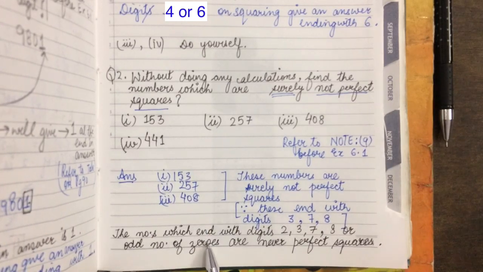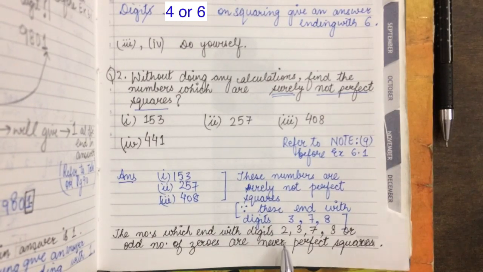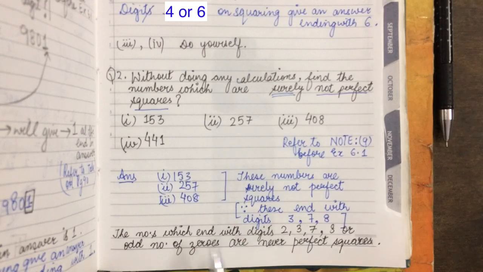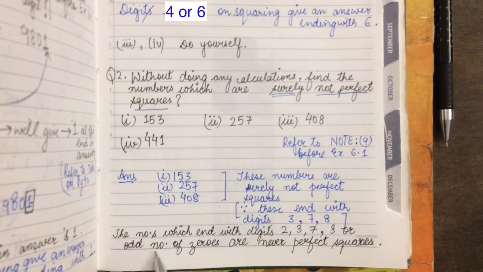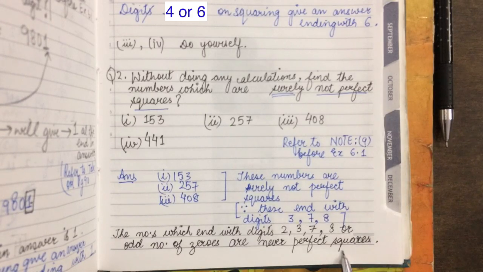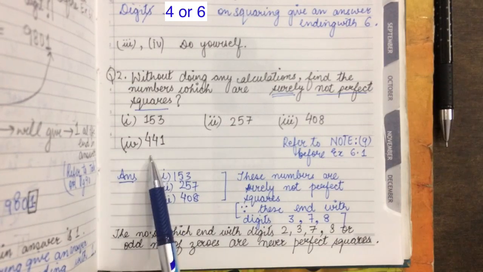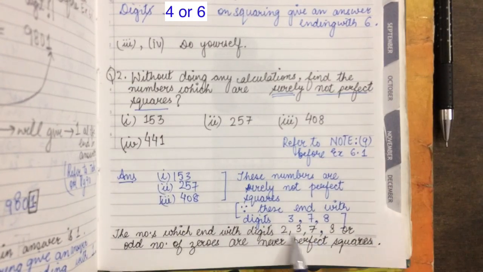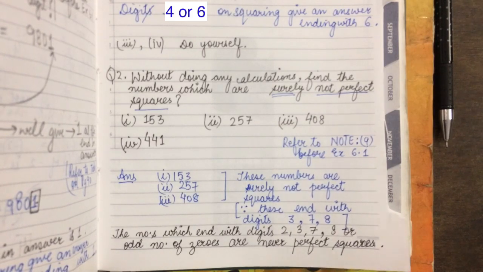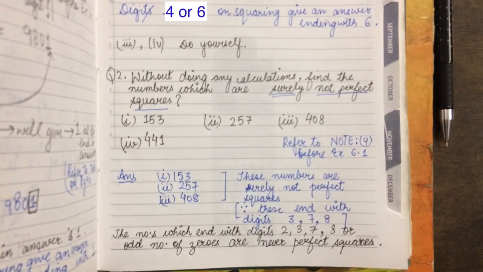We are sure about the numbers which end with these digits, and if a number ends with an odd number of zeros, those numbers are never perfect squares. And as far as a number ending with other digits is concerned, we will have to check whether it is a perfect square or not by using the methods that we have.